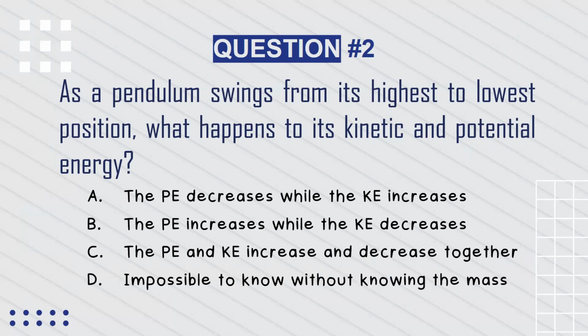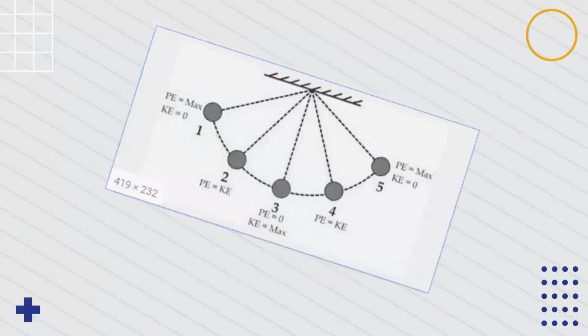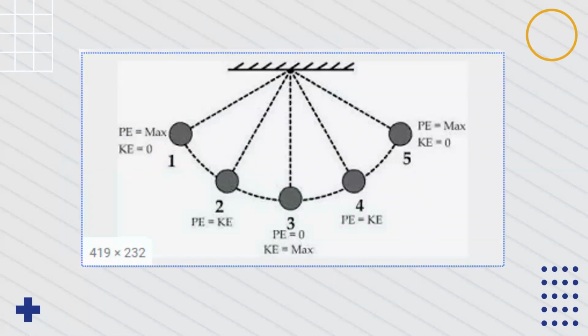So let us look once again at the diagram. From the highest position, so we are looking at 1 and 5, to the lowest position, which is 3, what is happening to the potential and kinetic energy? At the start of the highest position, the potential energy is at its maximum and kinetic energy is 0.